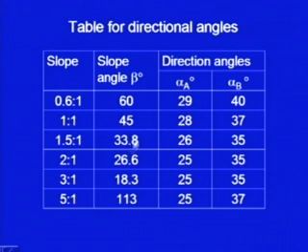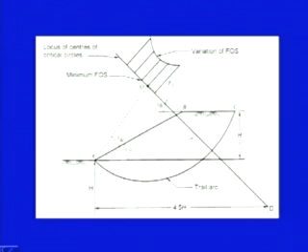For example, let us say beta is equal to 45 degrees, then direction angle alpha A is 28 and alpha B is 37. Suppose it is 30 degrees, then you have to interpolate between these values. So, using these values, you then have to draw this figure.